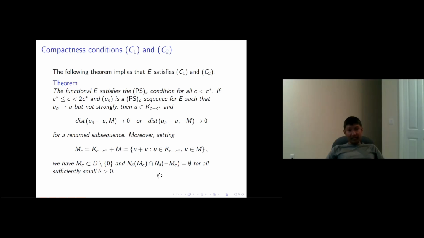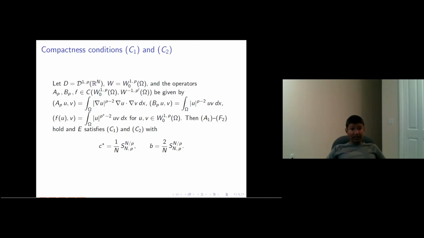So this basically verifies the conditions C1 and C2 for our problem, and then basically you apply the abstract results.